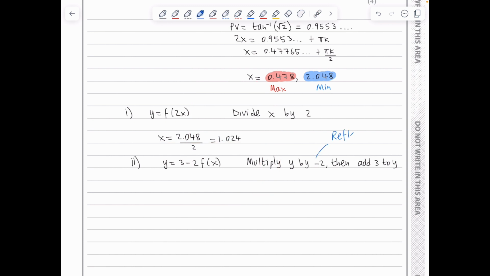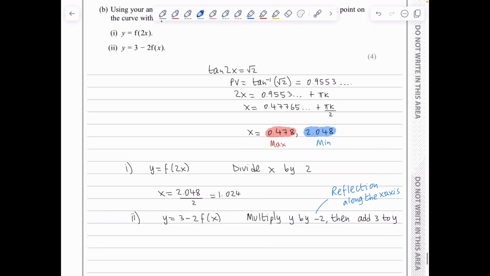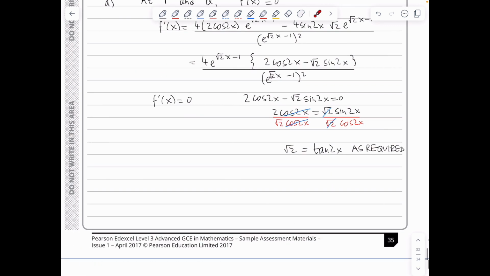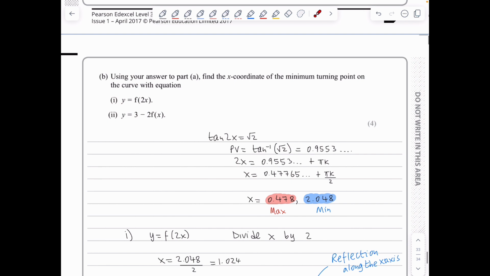So let me make a note of this. We are looking at a reflection along the x-axis. The x values are not affected. So if I briefly go back to my graph here, it's going to look something like this. And we see now that the minimum became a maximum and the maximum became a minimum. Well, in part B here, we're looking for the x-coordinate of the minimum turning point.